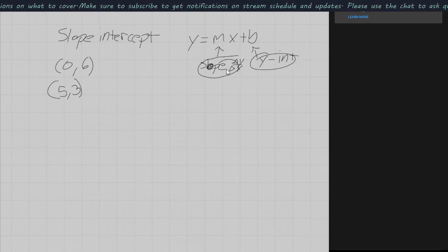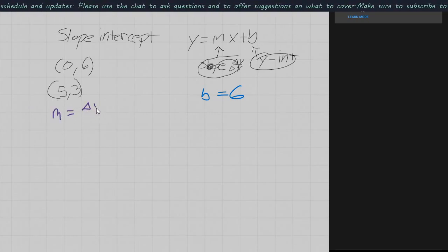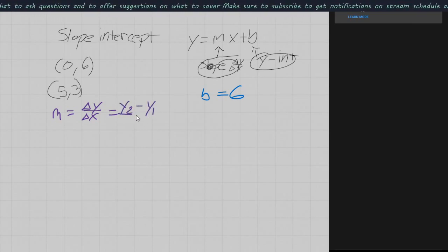Alright, so the y-intercept is already given to us because, like I said, remember you're looking for something that has an x-coordinate of 0. So our b value, let's make that blue. B value is going to be 6. And then we're going to find our slope, so our m value, so our change in y over our change in x. Now there's two ways you can do this, mathematically or algebraically. You can use y sub 2 minus y sub 1 over x sub 2 minus x sub 1, and just fill in.